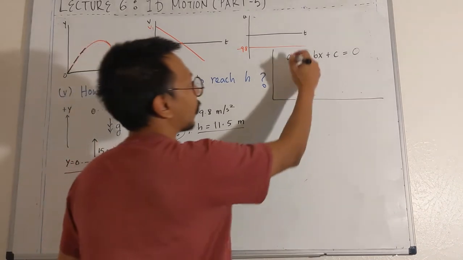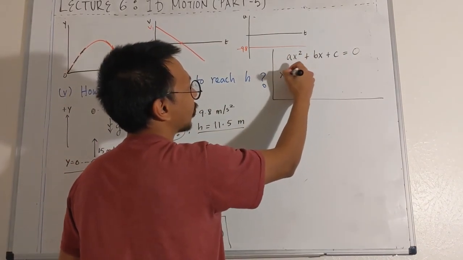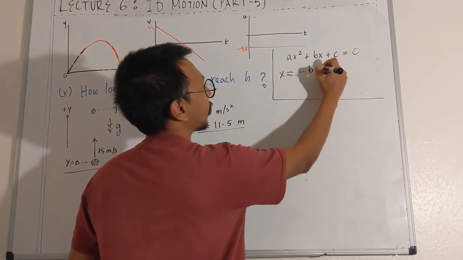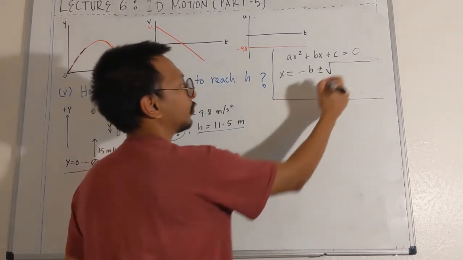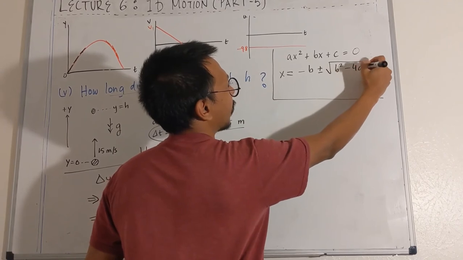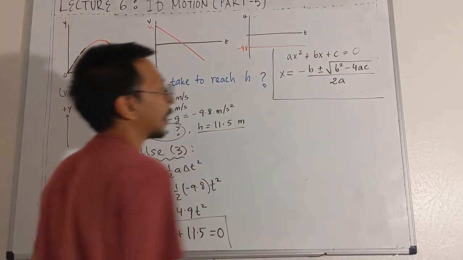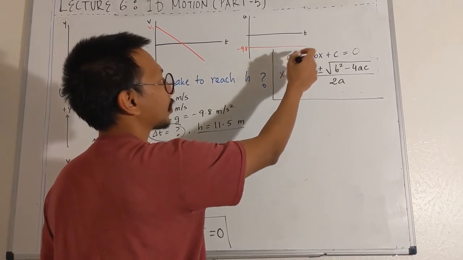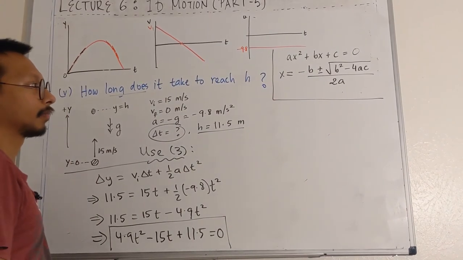For this form of the equation, x can be solved for using the formula x equals negative b plus minus square root of b squared minus 4 times a times c, over 2 times a, where a, b and c are coefficients of x squared, x and the constant respectively.